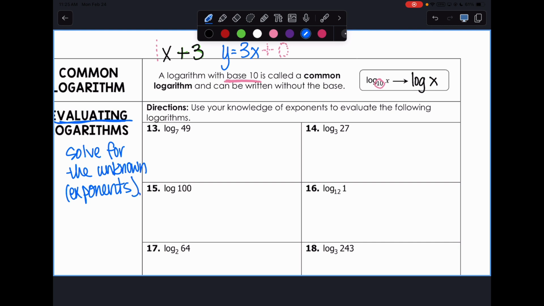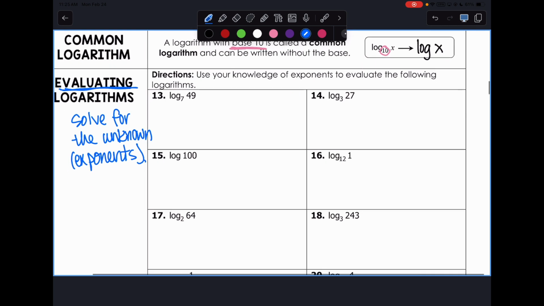I'm writing it in blue on purpose on this one. So if I were to write this, base 7, I have no idea what this x is, right? So put that x in that spot. What does that equal to? 49, right? What number should I raise it to get 49? 2.